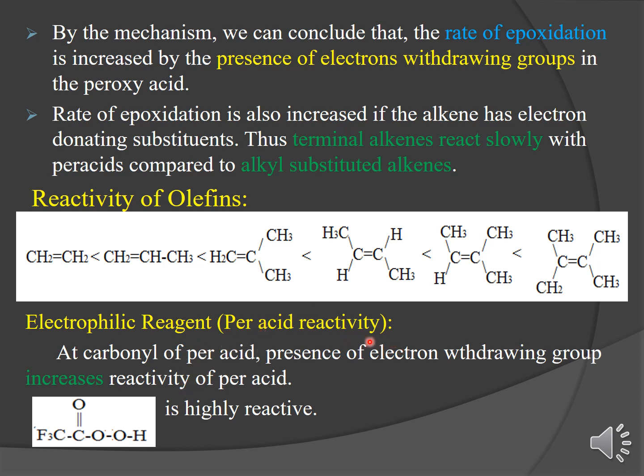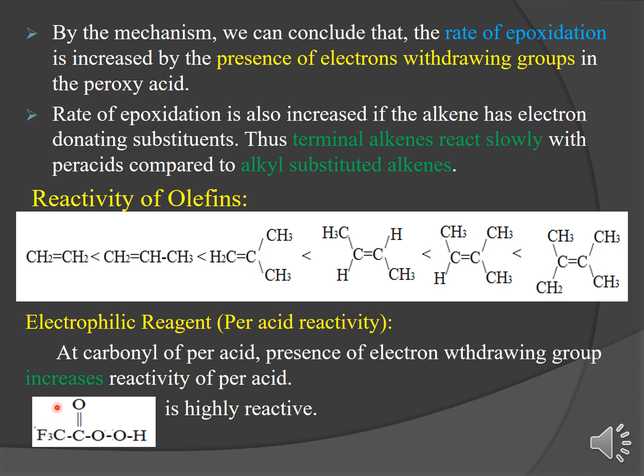What is the peracid reactivity? Alright, at the carbonyl carbon of the peracid, the R group will be present over here. Just try to avoid this one, the CF3, if you consider it as an R group.